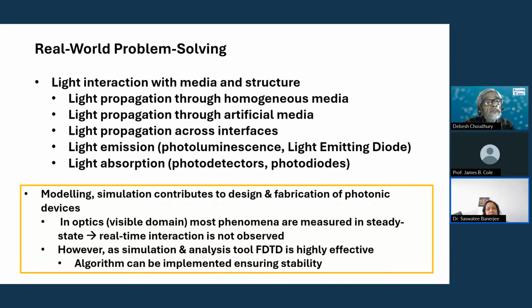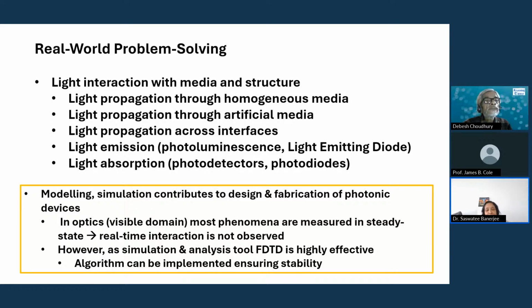And then there are a couple of other things. For example, light emission. This is an interesting phenomenon. Of course, you can think about lasers and LEDs. LEDs, as you know, are more spontaneous emission devices, or you are seeing fluorescence there.